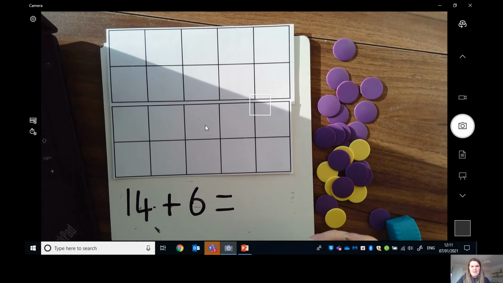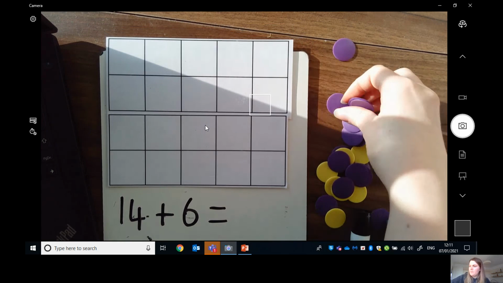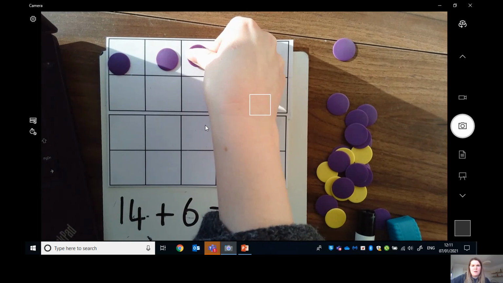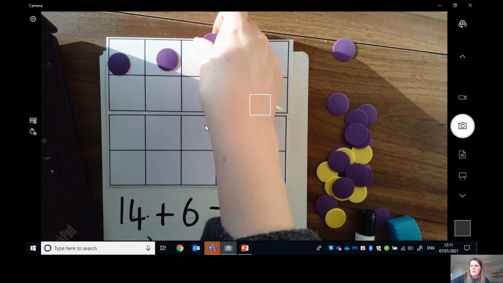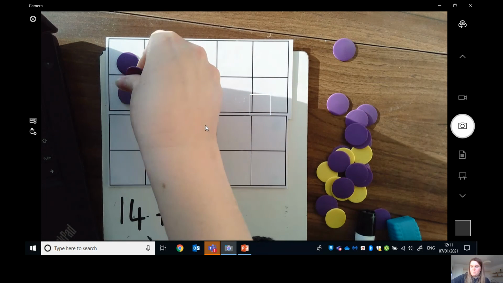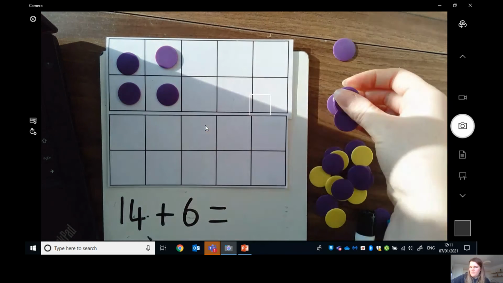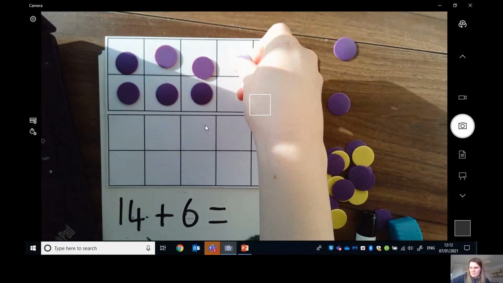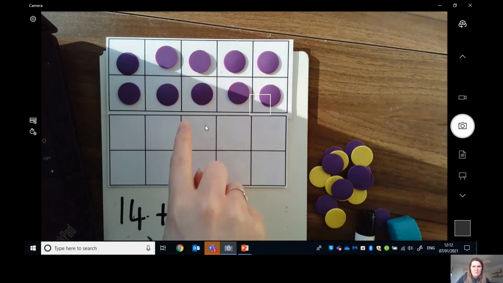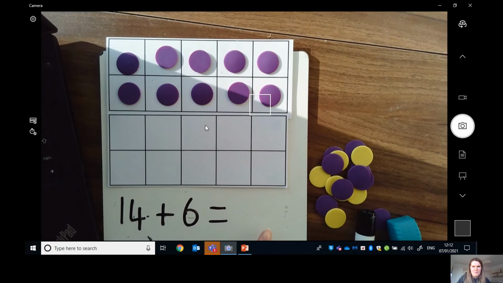What do I do first? Thank you, I'm going to put my 10s out. 1, 2, 3. Oh, I don't have to count all the way from 10. Okay, I can just put them out. Great, I've put them out.